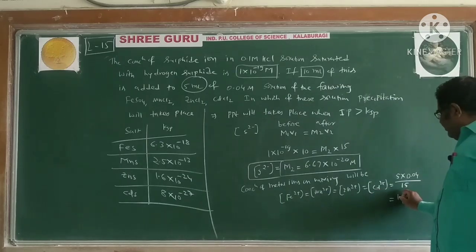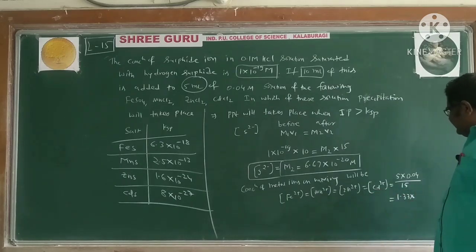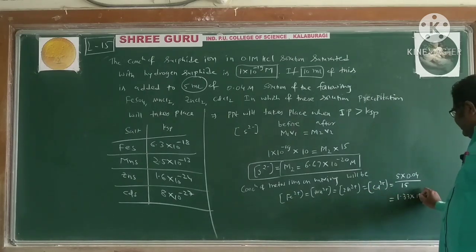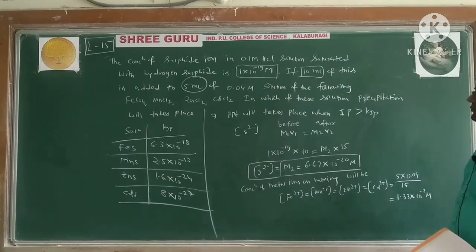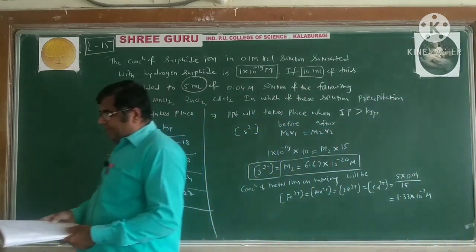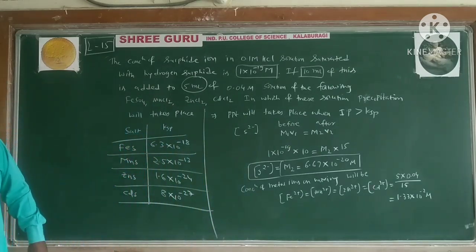That equals to 1.33 into 10 raised to minus 2 mole per liter. Yes, we got this ion concentration and sulfide ion concentration. We have to multiply this now.